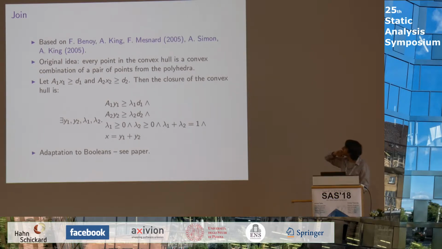Now when we eliminate y1, y2, lambda 1, lambda 2, this is not elimination of 4 variables. y1, y2 are vectors of variables, and lambda 1, lambda 2 are single variables. When we eliminate all of the auxiliary ones, we get a set of constraints over x, and that is the topological closure of the convex hull.